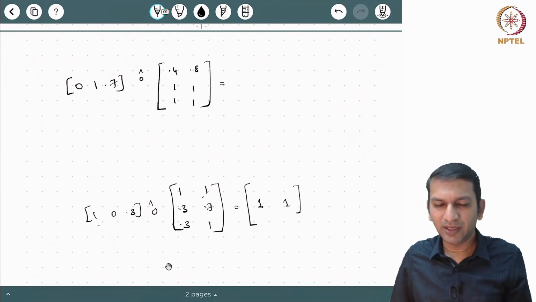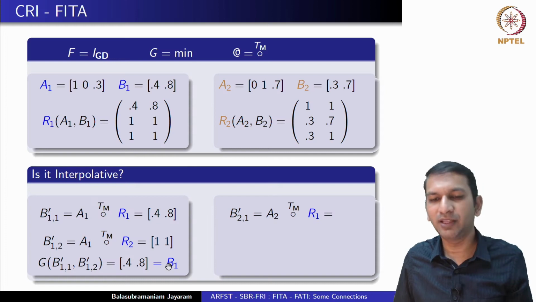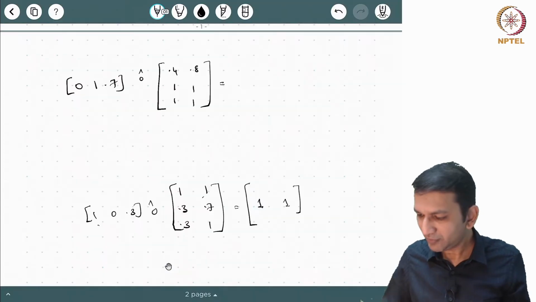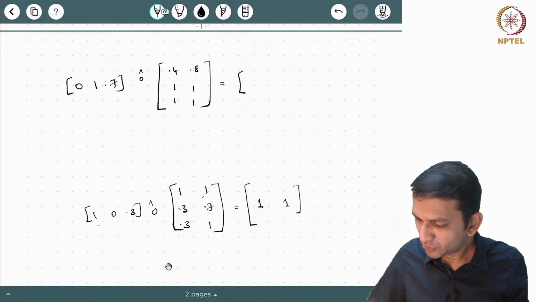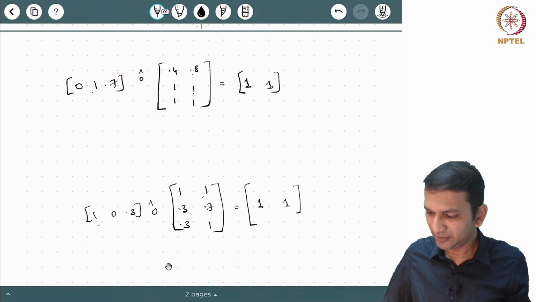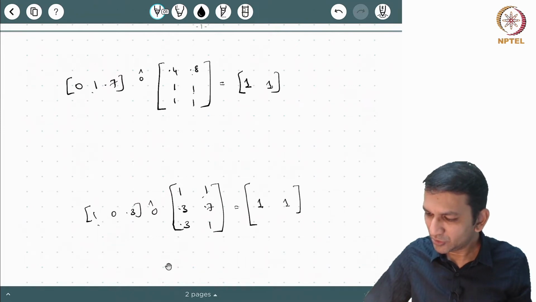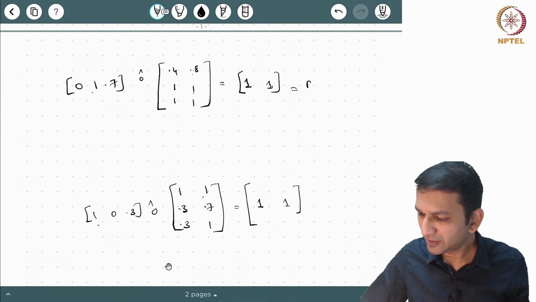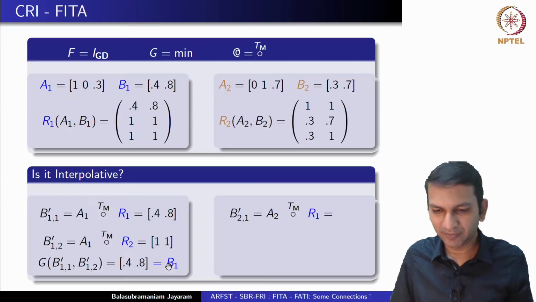Remember, A1 and A2 are normal and they form a Ruspini partition. So when you apply sup-min composition, 0, 1, 0.7, it is 1, 0 and 0.8 is 0, 1 and 1 is 1, so that's the maximum. You don't get any better than that. That's what you get. So this is what we get as B21 dash.